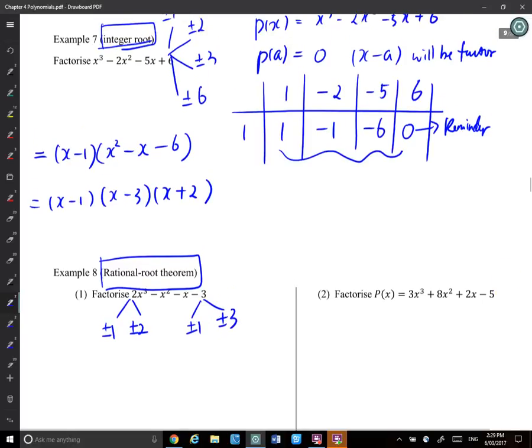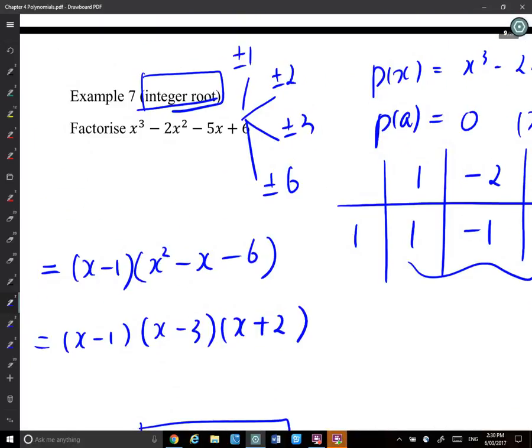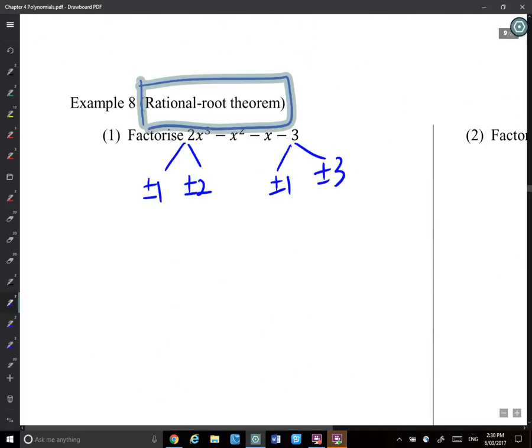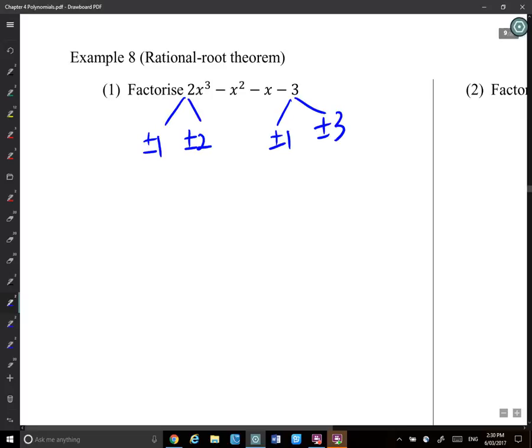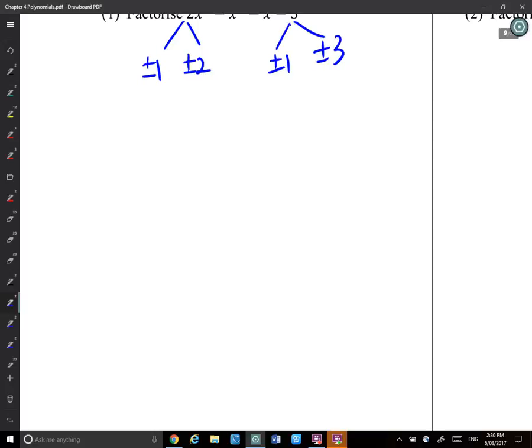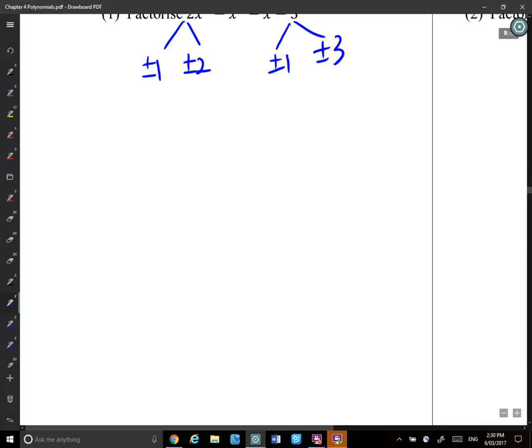You find all the factors for the constant and all the factors for the starting coefficient. For example this one, the numbers worth trying are plus minus 1, plus minus 2, plus minus 1, plus minus 3. I'm not sure if you have tried this at home, but if you try that, you will see none of these numbers will work.